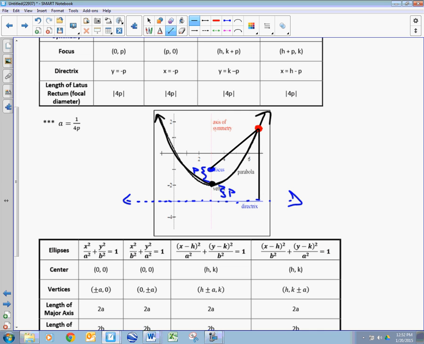That may not look like they're the same because the graph probably isn't drawn quite right, but that's the definition. These would be the same distance, and that's how you generate the points. That's it. So that's where you get focus and directrix from.